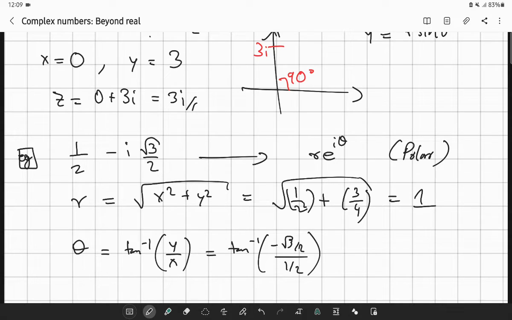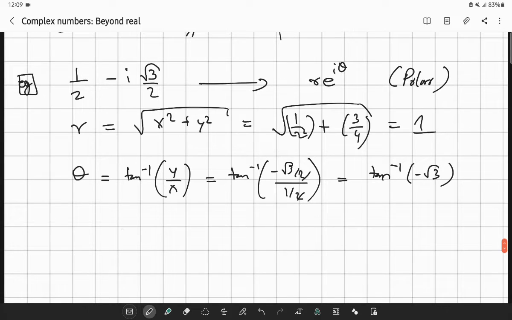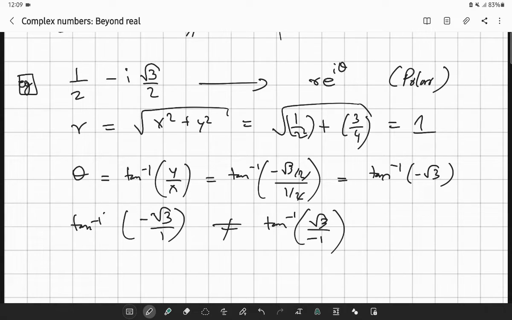Now, this is a really tricky step. Why is that? You might say that this will give me tan inverse of minus root 3, the 2 and 2 get cancelled. But the answer depends on whether you have minus root 3 over 1 or root 3 over minus 1. Tan inverse of minus root 3 over 1 is not equal to tan inverse of root 3 over minus 1.